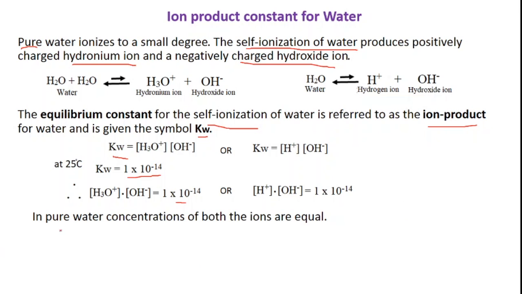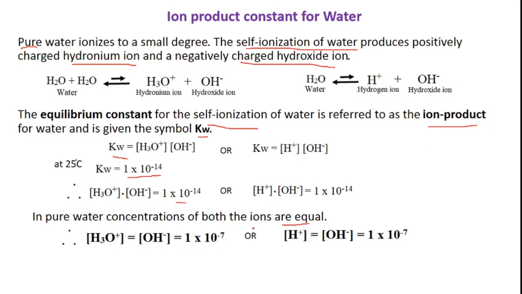And in pure water, concentration of both the ions are equal. So concentration of H3O plus or H plus ion is equal to concentration of OH minus, and both are equal to 10 raised to minus 7.